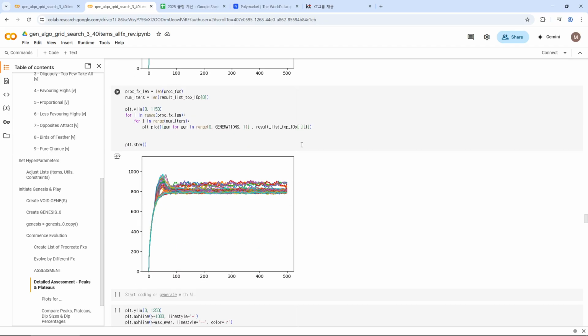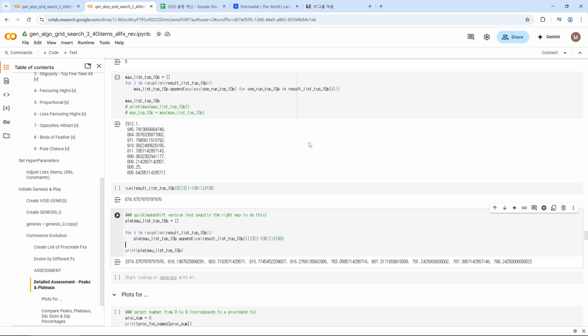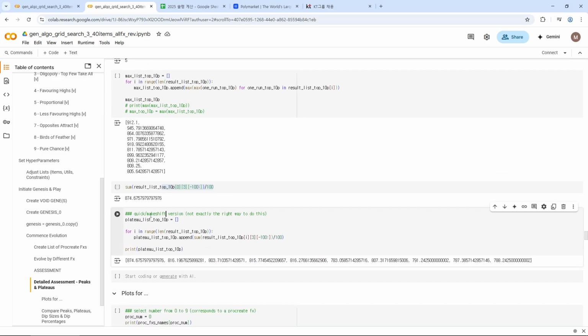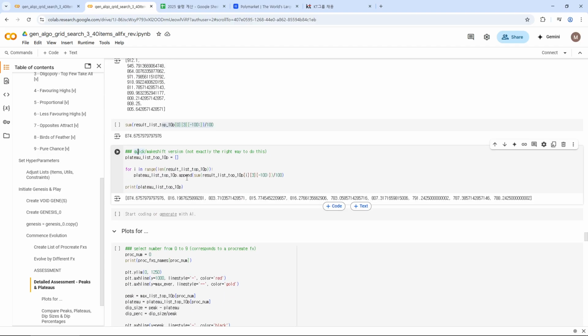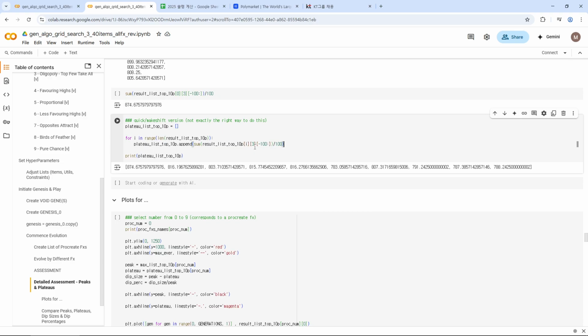Anyway, right now this is a makeshift way, as I've stated here, a quick and makeshift version of doing this, and these are the values in the plateau list for top 10%. And I'm only taking in one of the iterations, in this case the fourth one, per procreate function. But as you'll see, it does represent the information quite well, so I stuck with it.